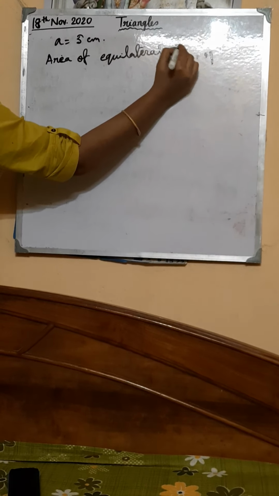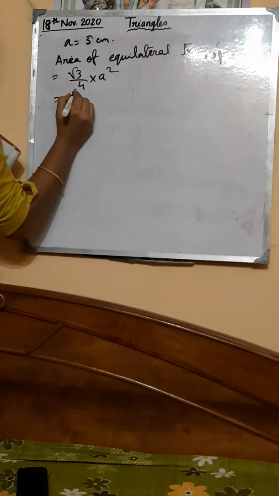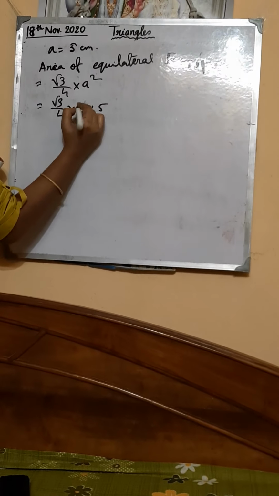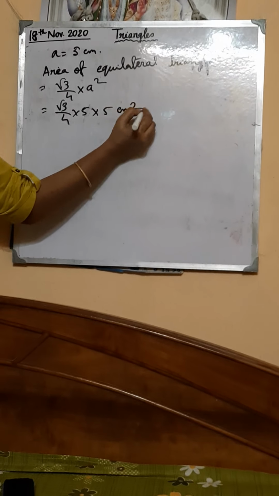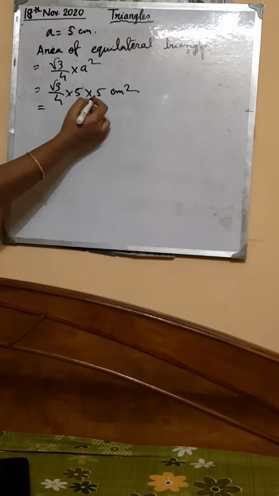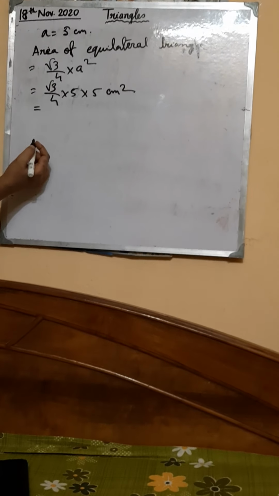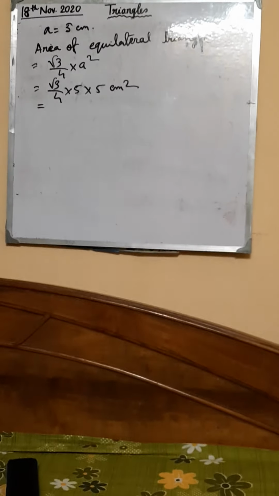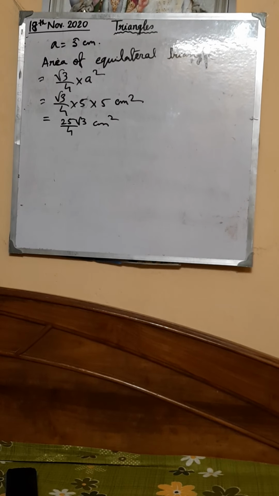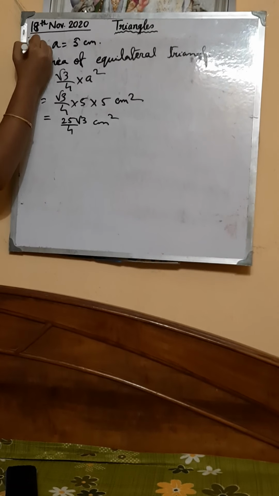Root 3 by 4 into A square. So root 3 by 4, A is 5 means 5 into 5 centimeter square. Now what will be the answer? 5 into 5 means 25. 25 root 3 by 4 centimeter square. Here you see in your book it is printed with mistakes. Okay. Now next example.